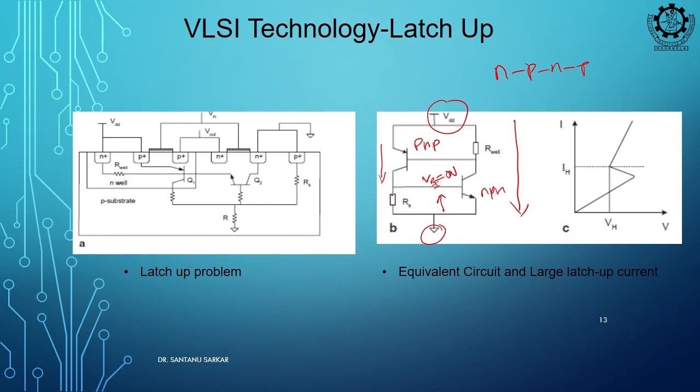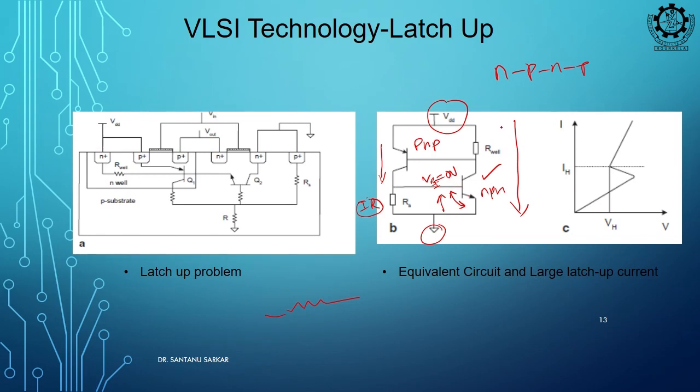There will be some resistance from the connections; ideally a connection has 0 resistance, but in reality there will be some resistance. So, if some current is flowing and some resistance is there, some IR drop will be generated. If this IR drop is bigger and gets greater than this VBE, what will happen? This will turn on, right.